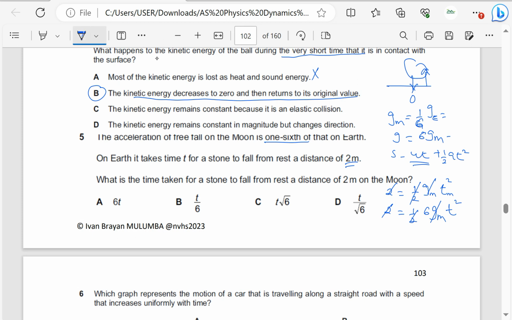When I divide, 1 is okay, so tm squared is equal to 6t squared. So the square root of tm is going to be t times the square root of 6, so the answer is going to be C. I divided these two equations, so 2 cancels, half cancels, gm cancels, I remain with 1 on one side is equal to tm squared over 6t squared. So tm is going to be equal to t times the square root of 6, which is C.